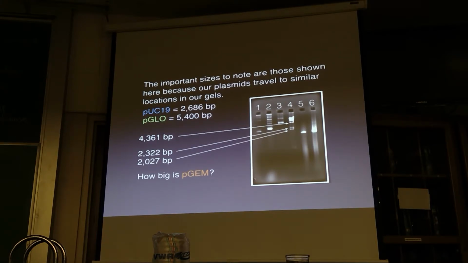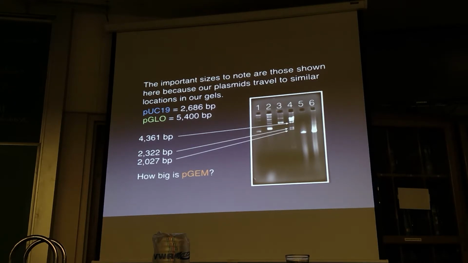Now, we use this to analyze our plasmid samples because you can see that the plasmids are also different sizes. So pUC19 is about 2,686 base pairs. pGLO is about 5,400 base pairs. I think the pGLO is kind of an estimation. But these are going to line up with specific fragments of that bacteriophage lambda. So the question on this diagram is how big is pGEM?